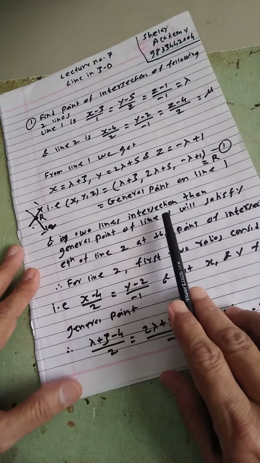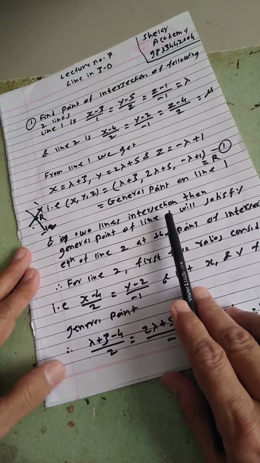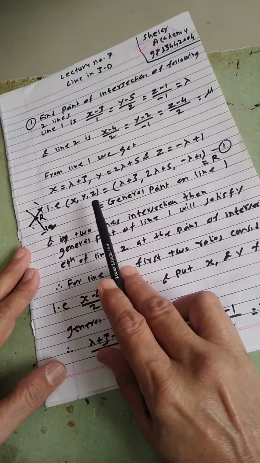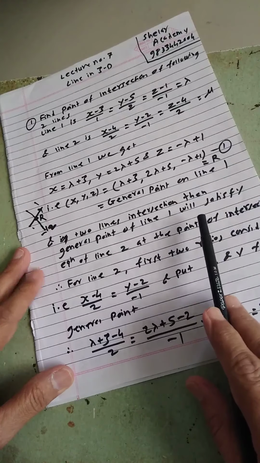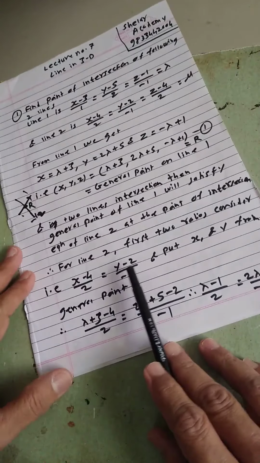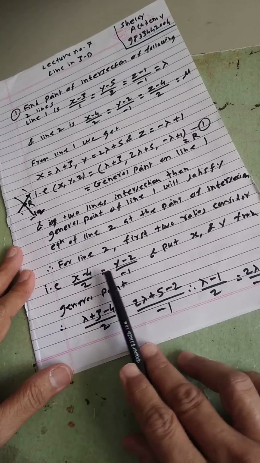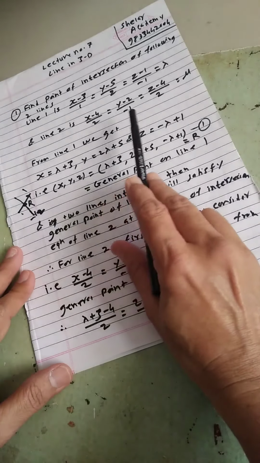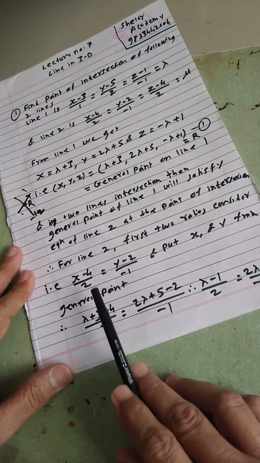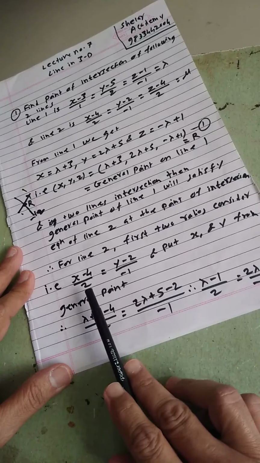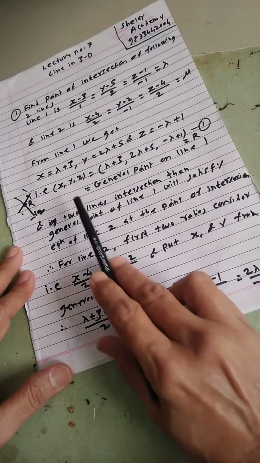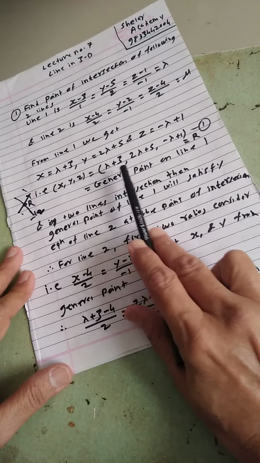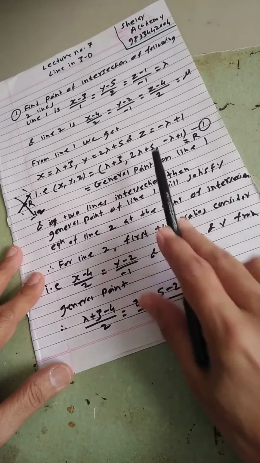Now for two lines intersecting at a common point, that general point x, y, z will satisfy equation number 1 as well as equation number 2, or line 1 as well as line 2. Considering the first two ratios of line 2, we get (x minus 4) upon 2 is equal to (y minus 2) upon minus 1, and in that put x is equal to lambda plus 3, y is equal to 2 lambda plus 5.